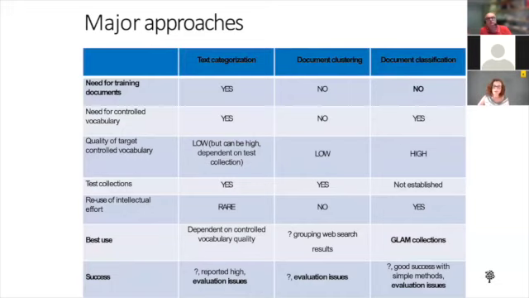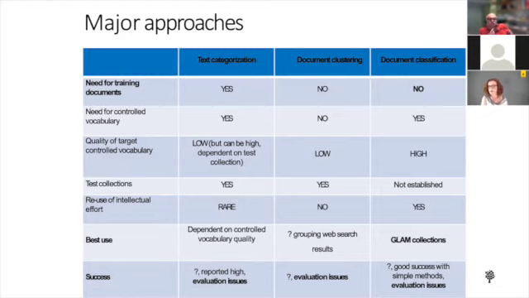So we can compare them a bit further alongside different facets. So essentially, the first approach is the most common one in research, but it does require a lot of training documents, which we don't always have or often have for a large number of cases in libraries.